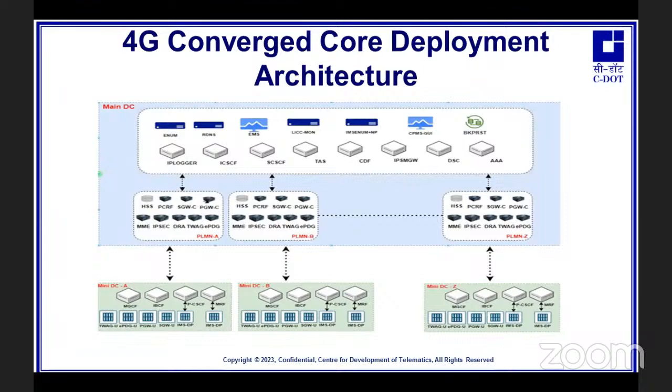Some nodes, like DSC and ENUM, will be on a zonal basis, connected to all the PLMNs. This is the detailed architecture with respect to the main DC and mini DC.